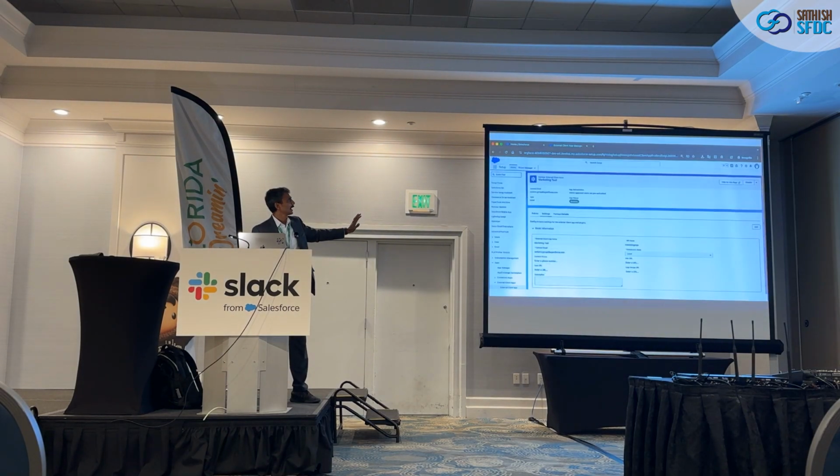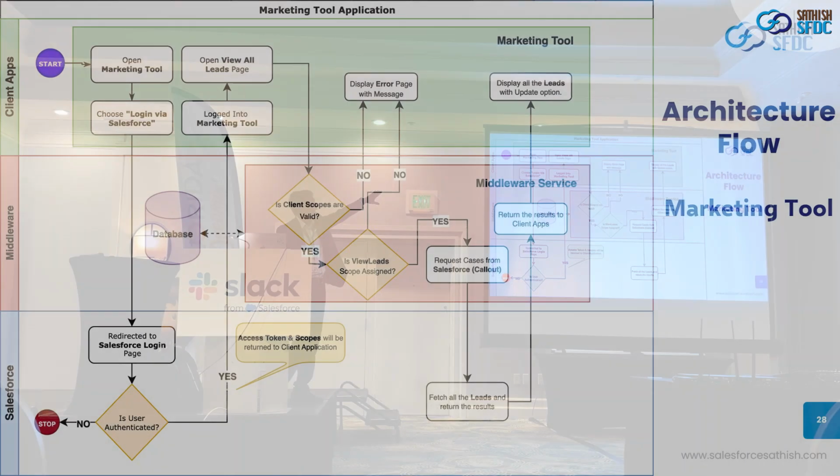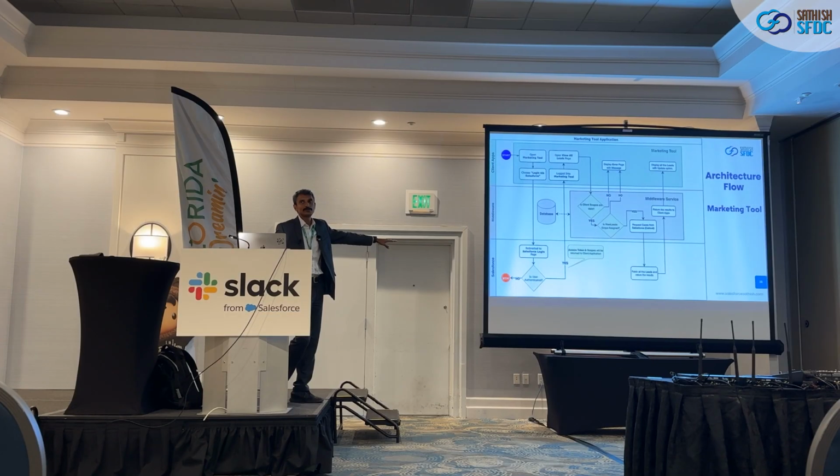So I'm going back again. The same thing, we have a separate application for the marketing tool. It has a login button. Once they click login, it takes them to the Salesforce authentication mechanism. Once it's approved, it gives them the access token and the scope. In this case, for this particular connected app, this external client app, we assigned two scopes called marketing view lead and marketing update lead.